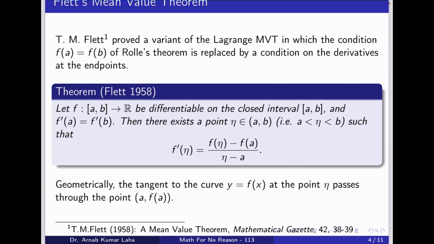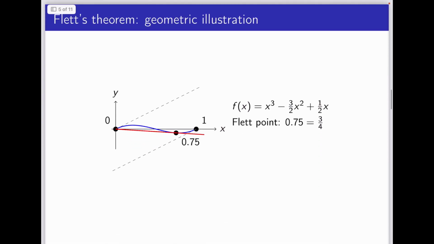Now the result that we get, f prime eta is equal to f(eta) minus f(a) divided by eta minus a, essentially tells us that the tangent to the curve y is equal to f(x) at the point eta passes through the point (a, f(a)). So here is a geometric illustration of that.